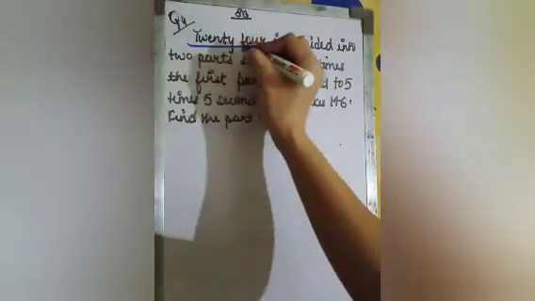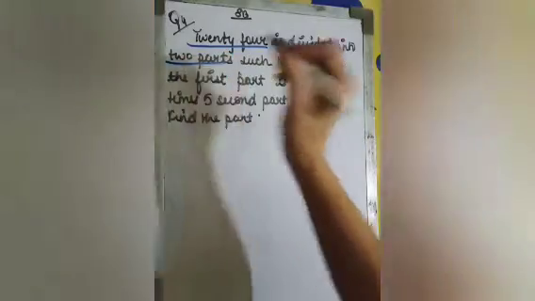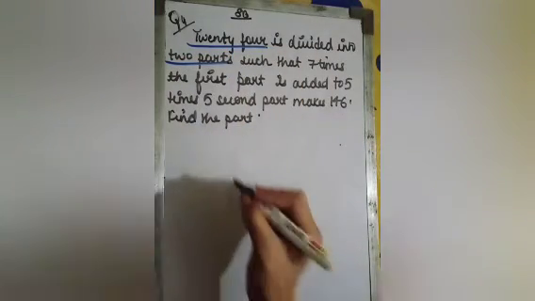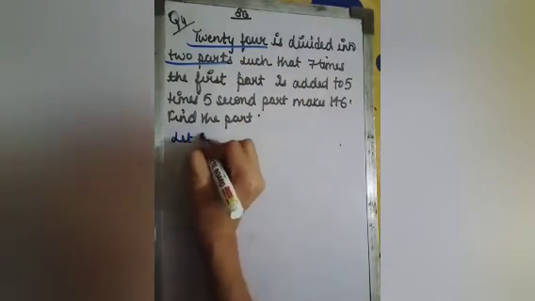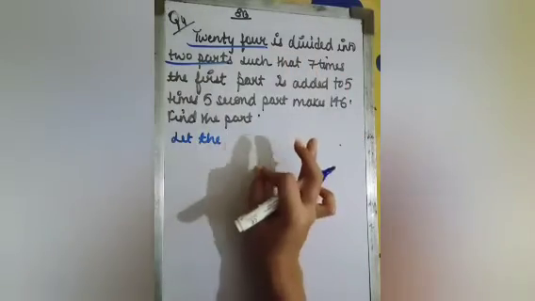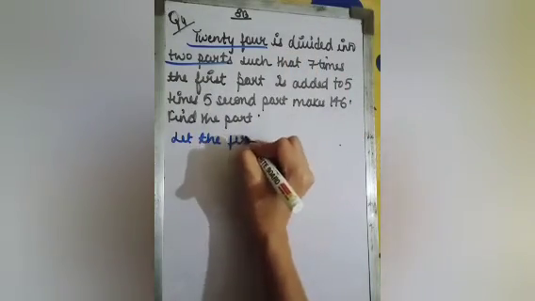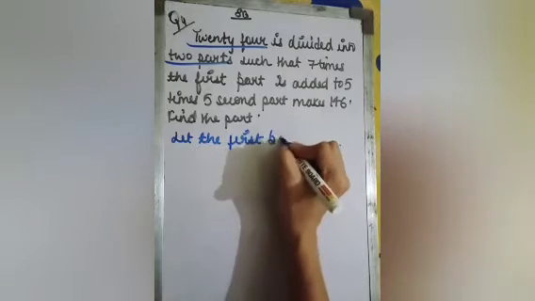24 is divided into how many parts? 2 parts. Now first see, if we divide 24 into 2 parts, let the first part be x.